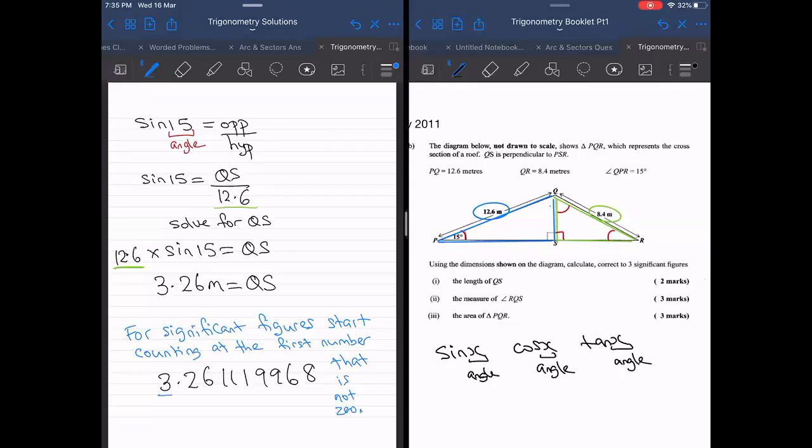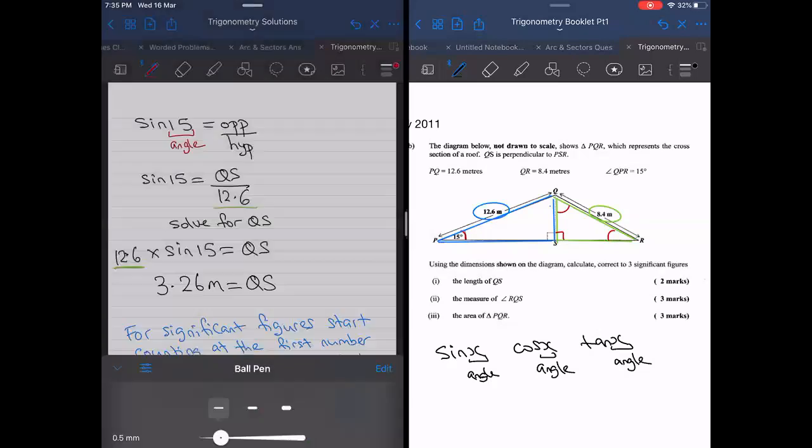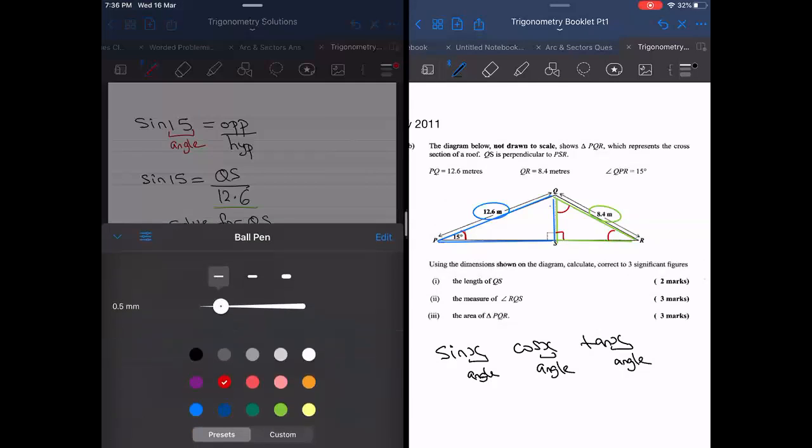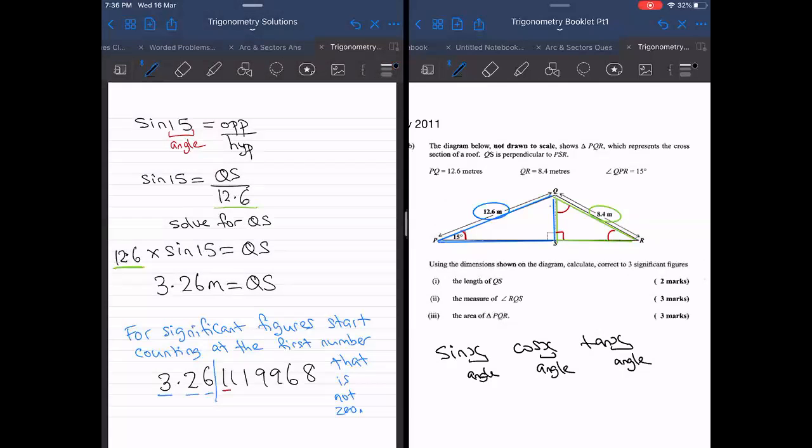So this would be 1, 2, 3. Then you look to the right. If it was 5 or more, you would round up. But since it is not, you just leave it as 3.26. So for significant figures, you start counting at the first number you see that is not 0.